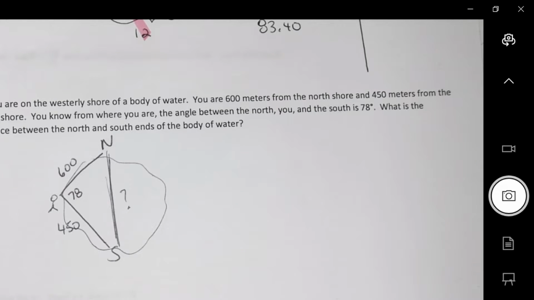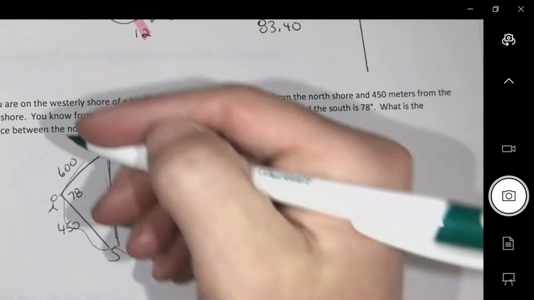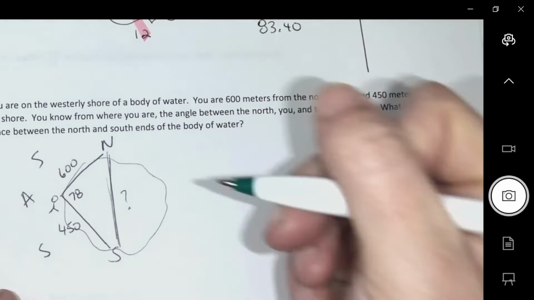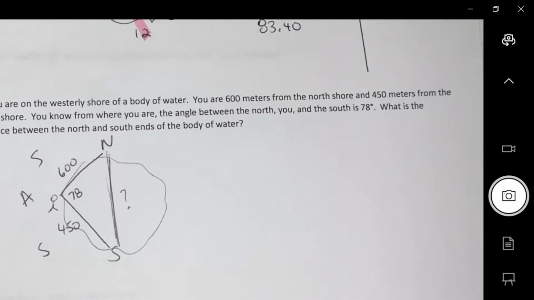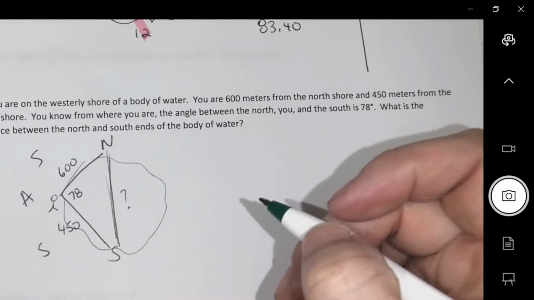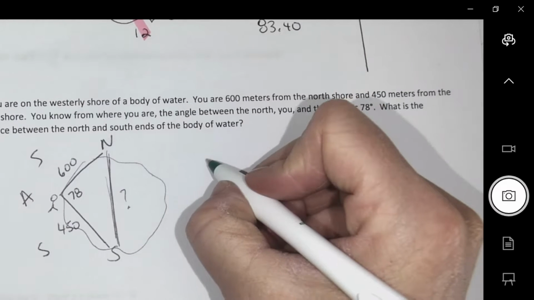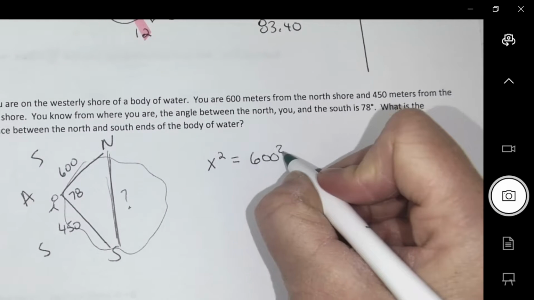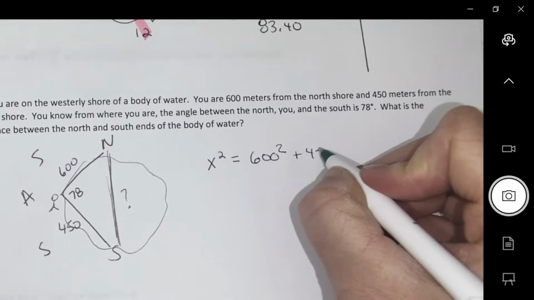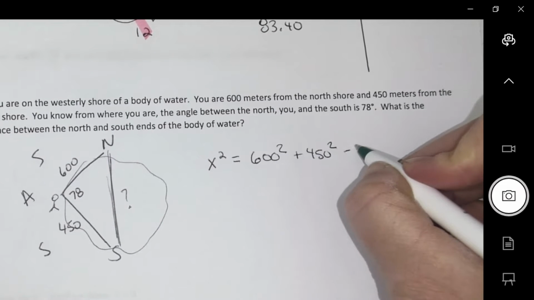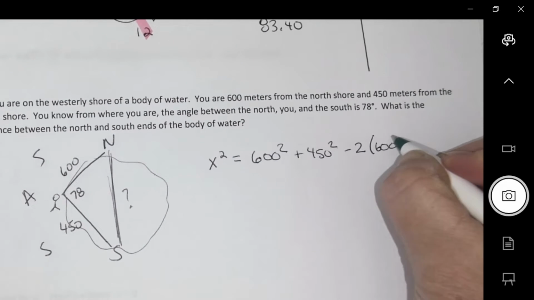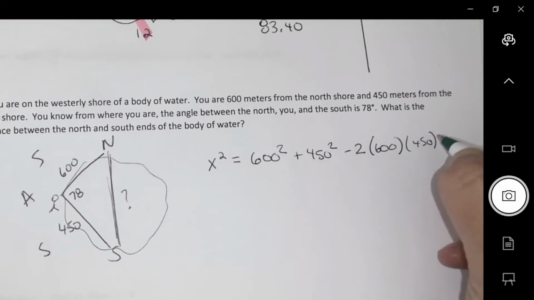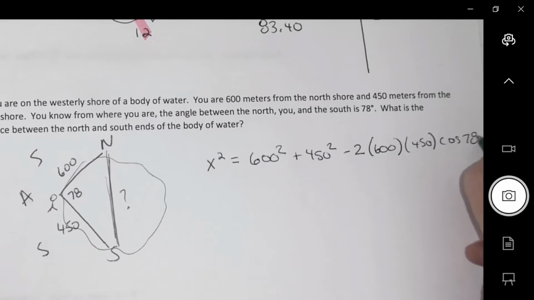Okay, pairs, SAS, triple S. Those are always your 3 questions. SAS, side, angle, side. So that means we're going to use cosine law. All these formulas are on your formula sheet. So x squared equals 600 squared plus 450 squared minus 2 times 600 times 450 times cos 78.